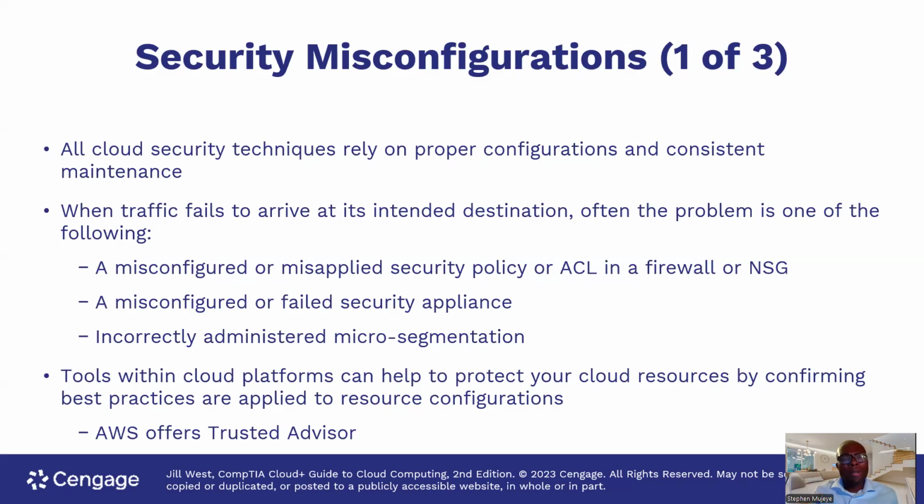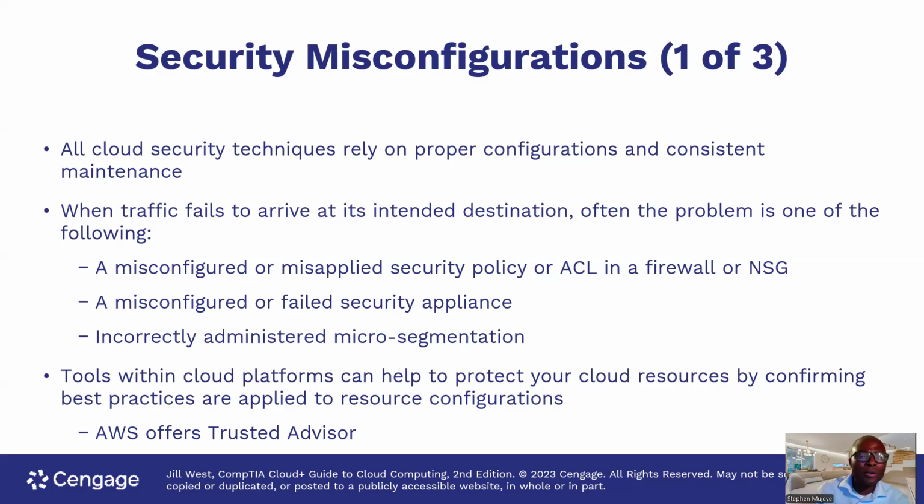So it's important to ensure that the devices are properly configured. If you're going to configure a firewall, make sure that the rules are properly configured. You are allowing what's supposed to be allowed and denying what's supposed to be denied.